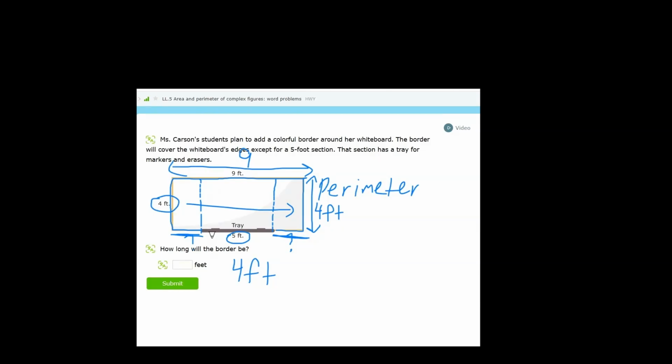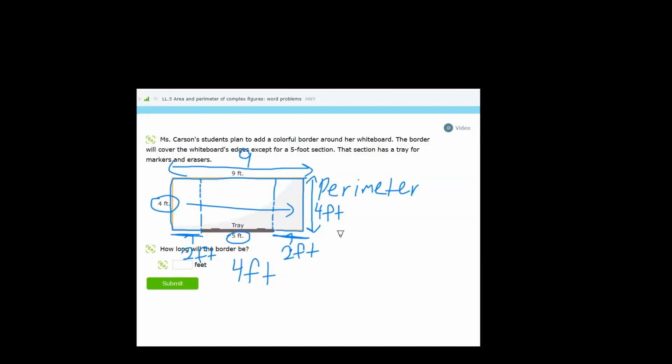So 4 feet divided between the two lengths equally gives us 2 feet each. Right? That makes sense. 2 feet plus your 5 feet plus your 2 feet adds up to your total 9 on the other side here.